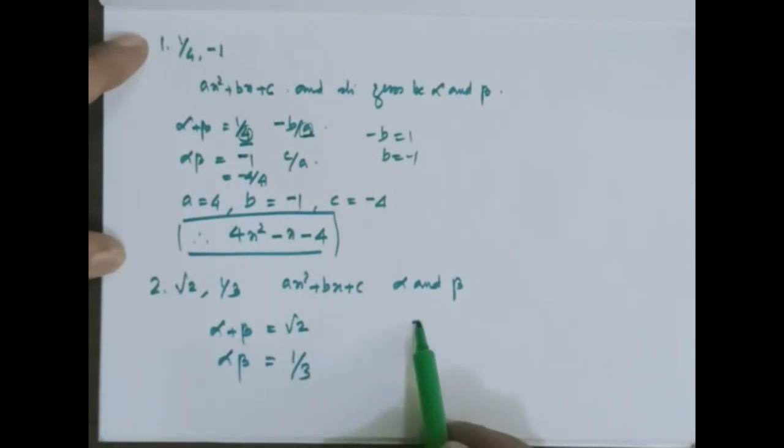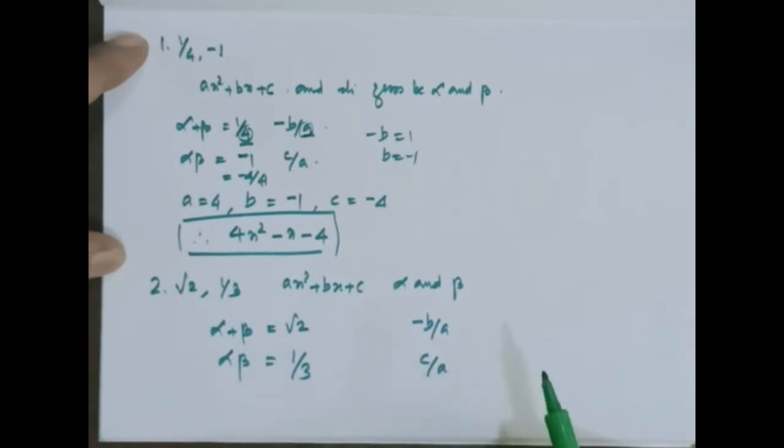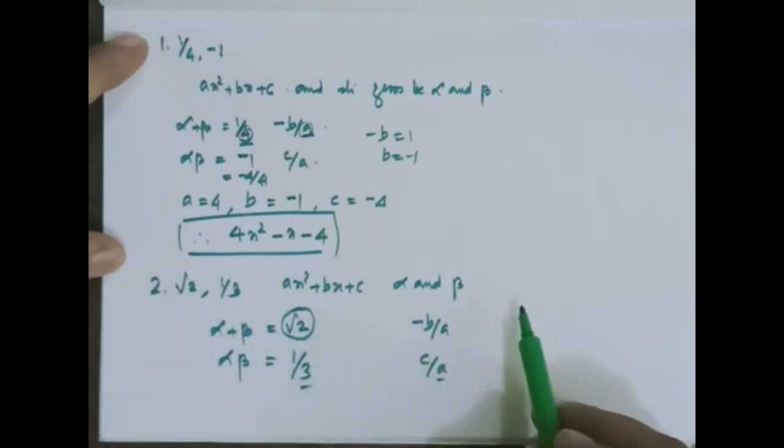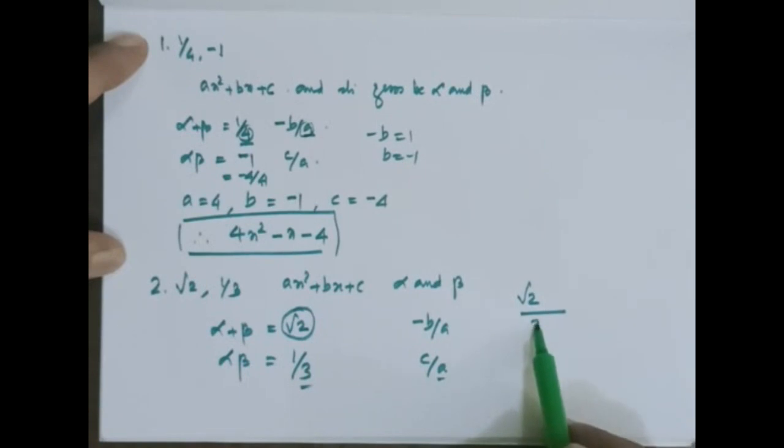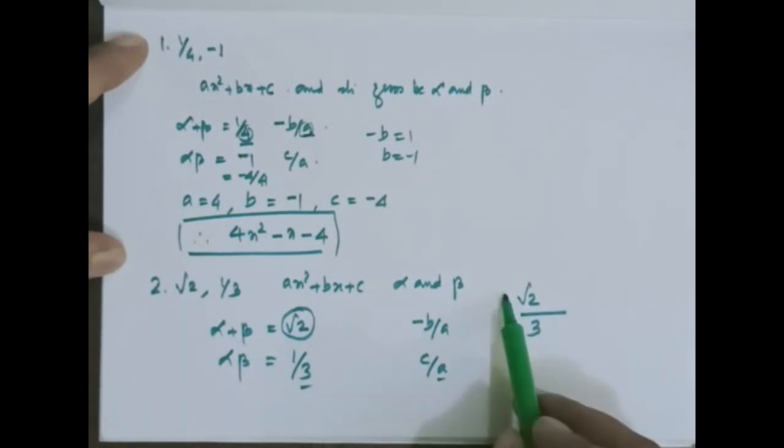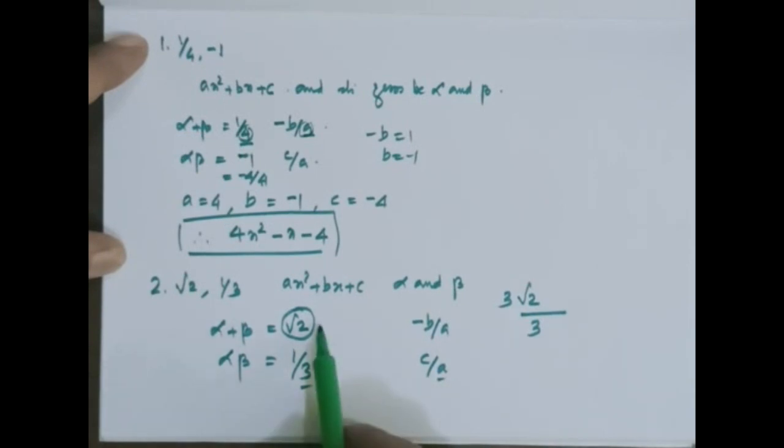This is minus b by a and this is c by a. So a is already given as 3. For that, we need to change root 2 into the form of 3. So if we have 3 in the denominator, here also we are having 3. So this can be written as 3 root 2 by 3.